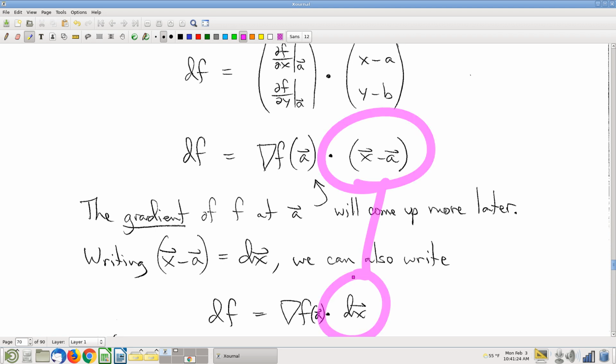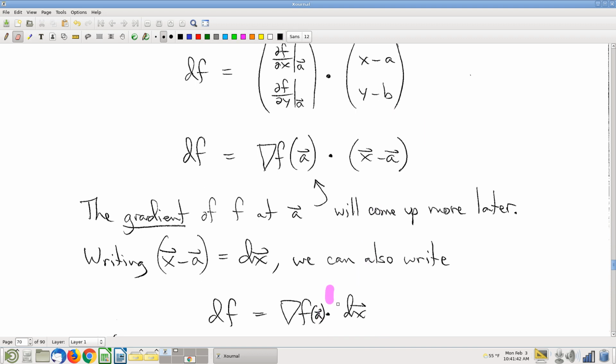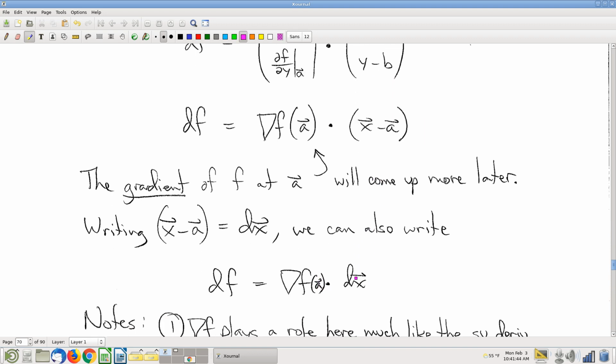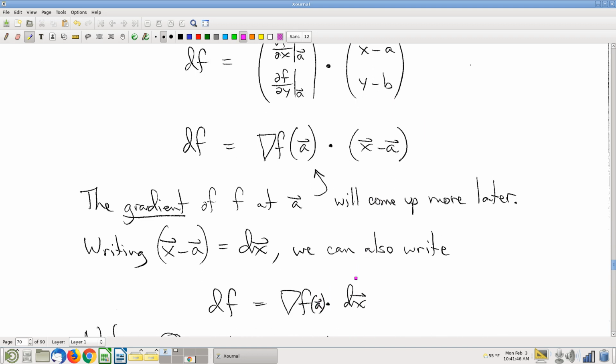After all, that's what we're doing with x and a. a is a point where I'm starting and where I'm computing various derivatives, doing my linear approximation, and then x is a nearby point that I'd like to understand better. So x minus a is how much I'm planning to change my input. And so now look, this formula has actually simplified pretty nicely.